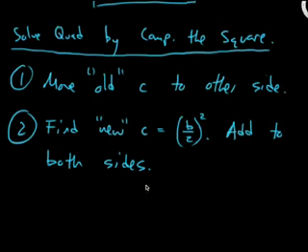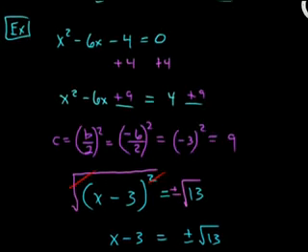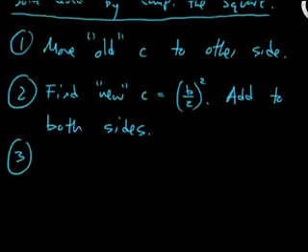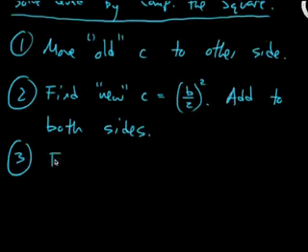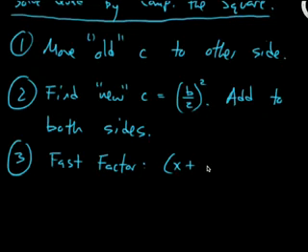That was step 2. Step 3, once I had this written, I fast factored it into the other form of the pattern. Fast factor, I call that sometimes. What I'm referring to is write it as x plus something all squared.